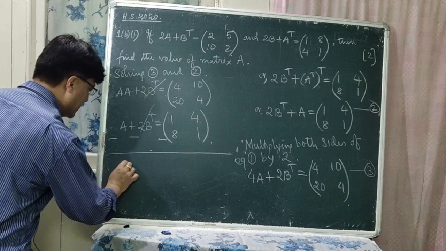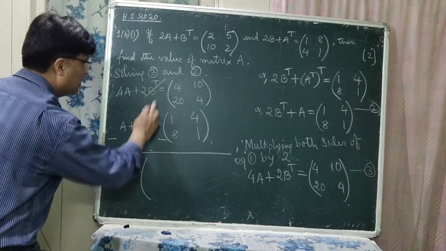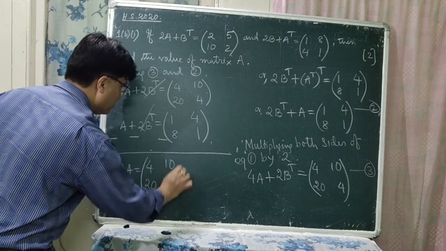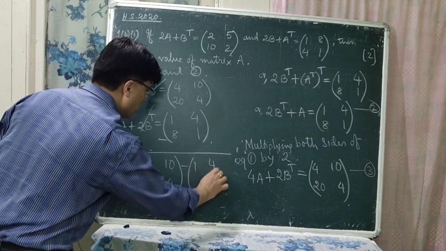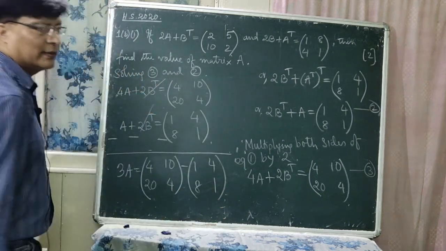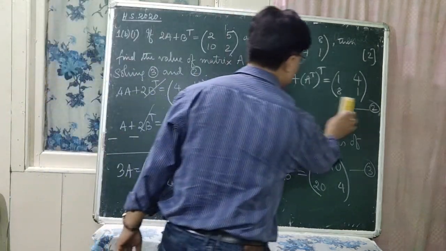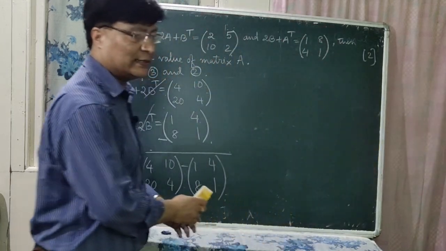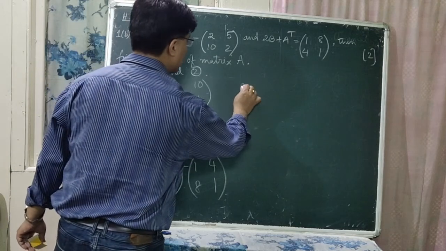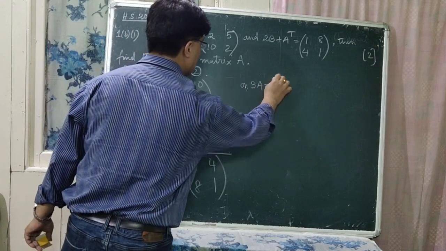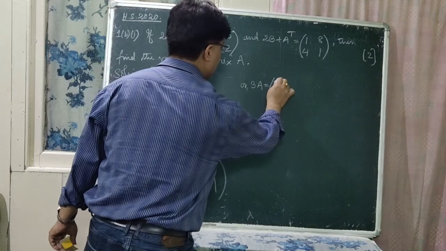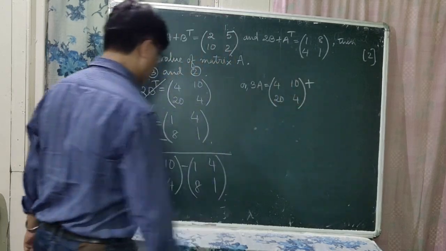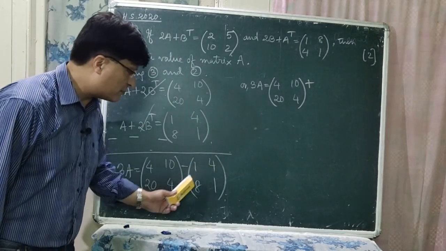What is 4A minus A? That is your 3A is equal to, write the first matrix [[4, 10], [20, 4]], then minus [[1, 4], [8, 1]]. Is that clear? So let us simplify this right hand side now. The left hand side remains the same. 3A is equal to the first matrix, then make it plus sign and multiply all the elements of the second matrix by minus sign.